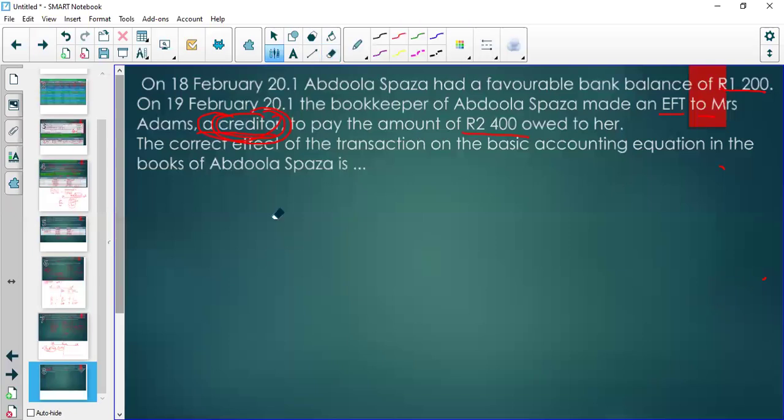So let's do assets equal to equity plus liabilities. We know here that we had an asset of 1,200, right? So that was reduced to 0.